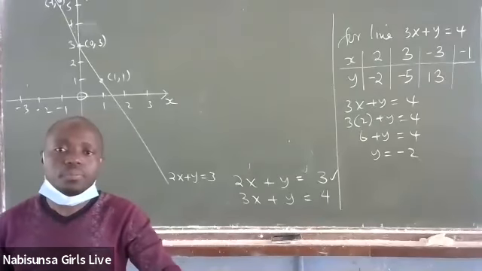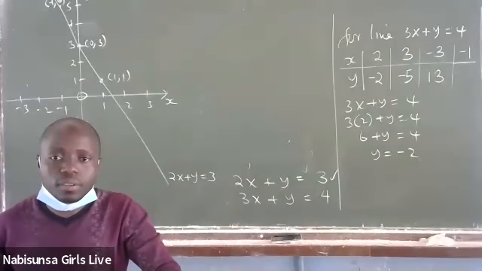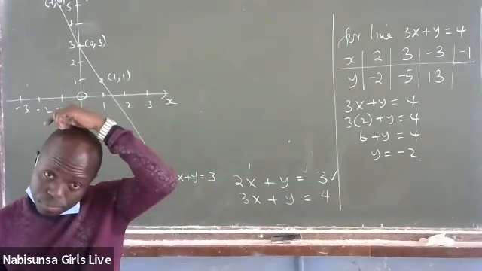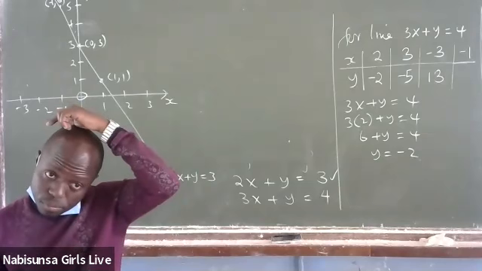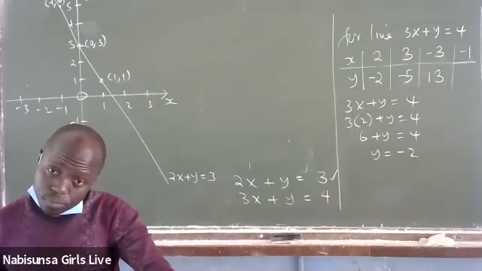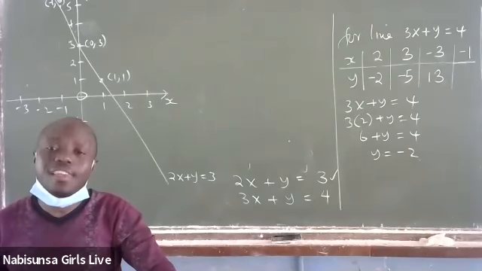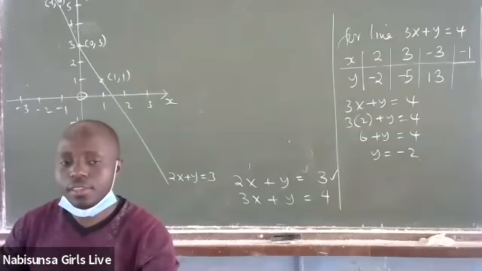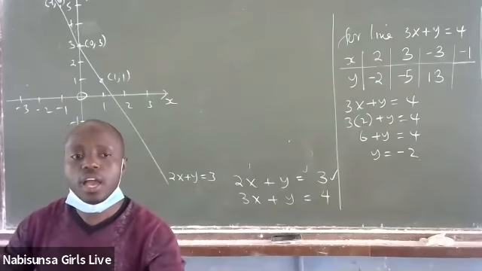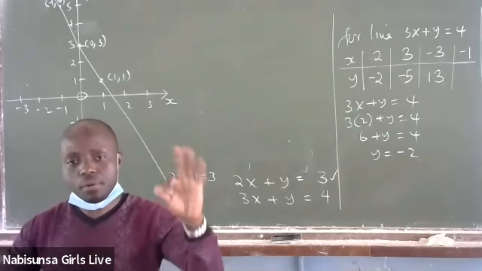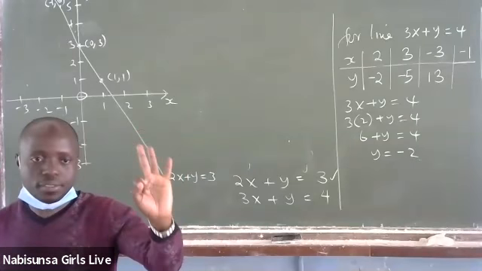Excuse me, teacher. Yes, this is Elizabeth. Teacher, I beg your pardon on the part where you are saying you have a minimum number of coordinates. I was saying that to draw an accurate straight line, you need a minimum of 3 coordinates.